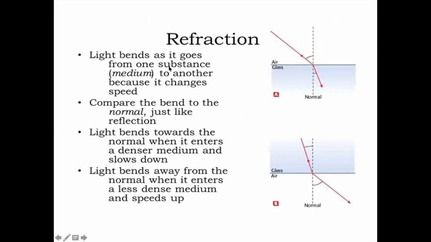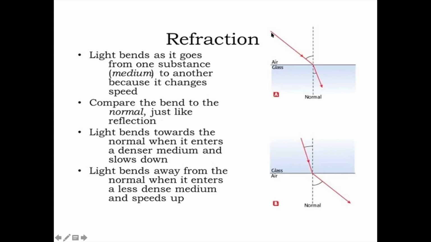Light bends as it goes from one medium to another because it changes speed. Compare the bend to the normal, just like a reflection. Light bends towards the normal when it enters a denser medium and slows down. Light bends away from the normal when it enters a less dense medium and speeds up.